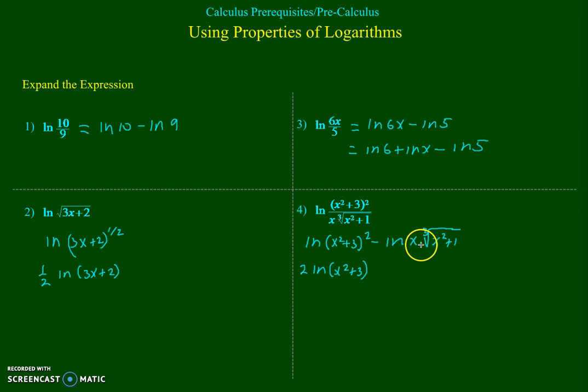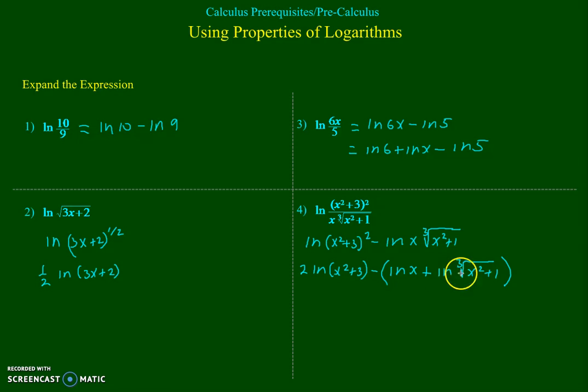Here we have a product rule. Now you want to be careful about this sign. So this is minus, I want to put everything in parentheses here, ln of x plus ln of the cube root of x squared plus 1.